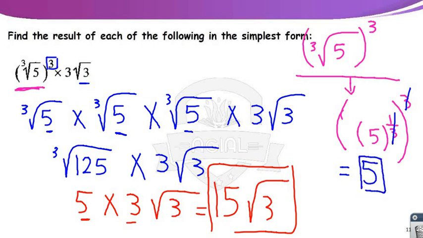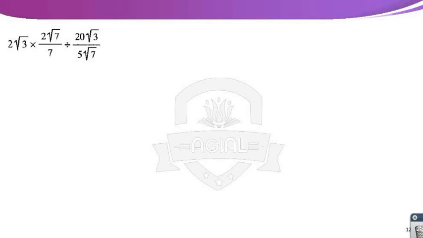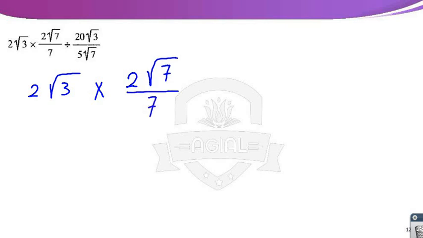Okay, another example. 2 square root of 3 by 2 square root of 7 over 7, divided by 20 square root of 3 over 5 square root of 7. So we have 2 square root of 3 by 2 square root of 7 over 7. We will change division to multiplication.